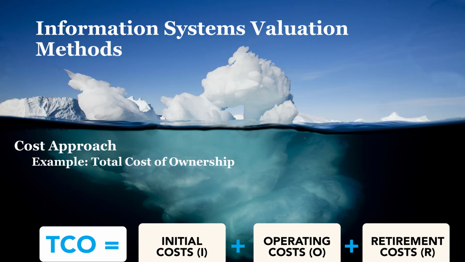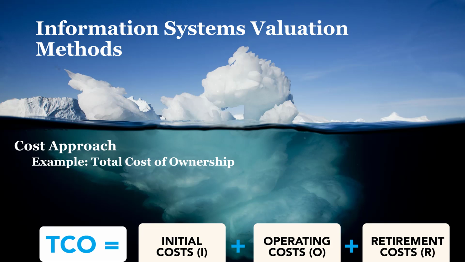The cost approach, exemplified by methodologies like total cost of ownership, evaluates the financial worth of information systems by considering the expenses incurred throughout the system's lifecycle. This method accounts for various costs associated with the acquisition, implementation, operation, maintenance, and disposal of the system.